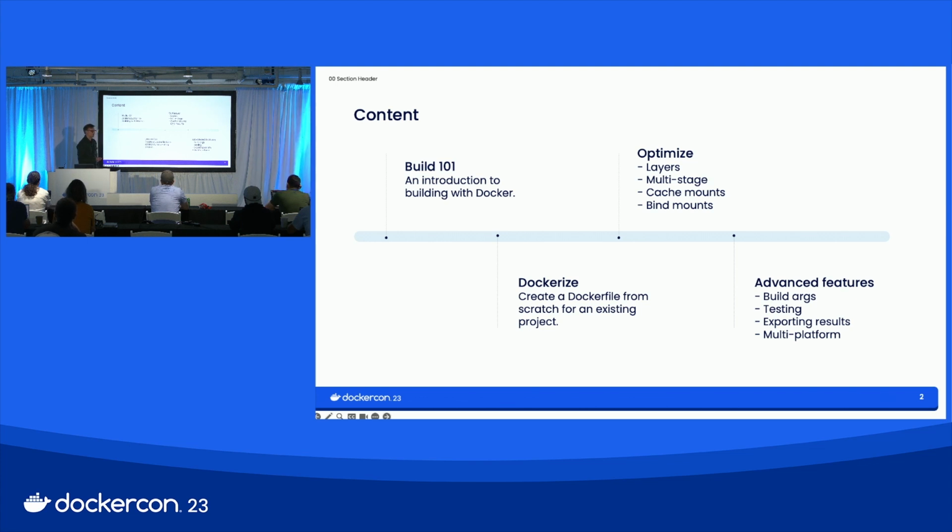Then we'll take that Dockerfile and see how we can optimize it to make builds run faster, make the image size smaller, things like that. Towards the end, we'll look at some of the more advanced features. Well, not necessarily advanced, but features that you can use to extend the flexibility of your build, or add variety to the build, or do things that you might not know that you could do with Docker build, like testing.